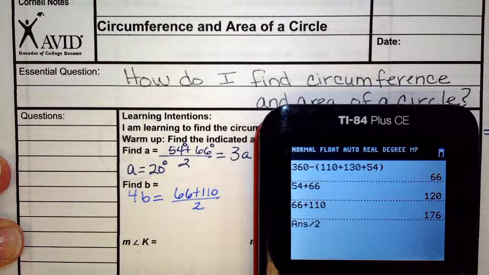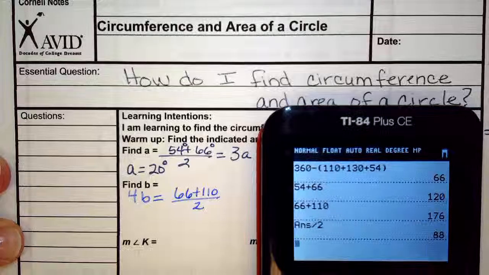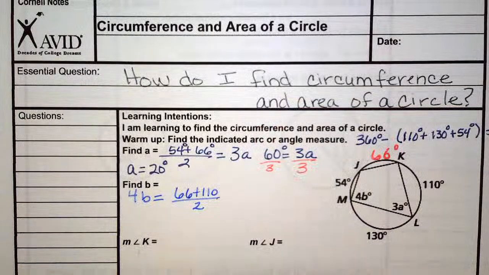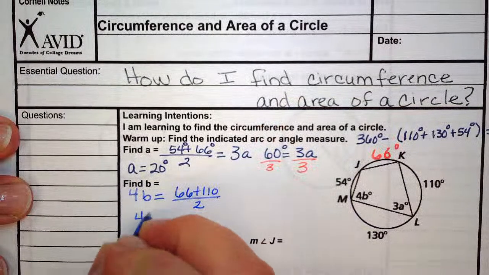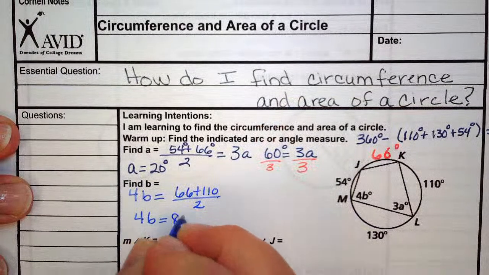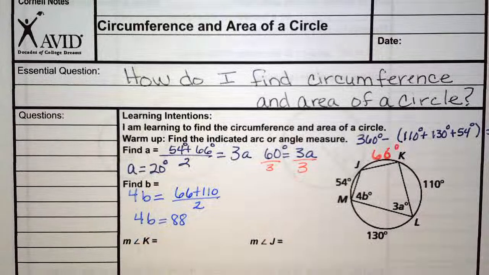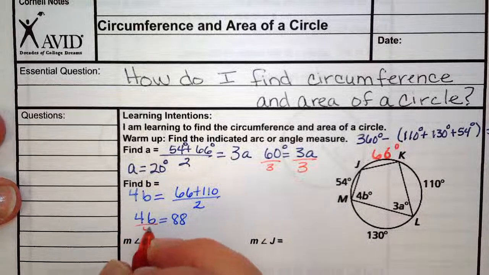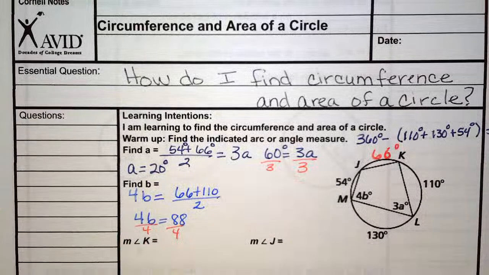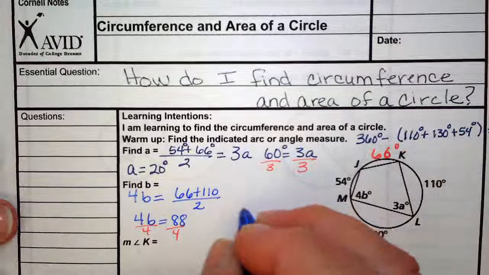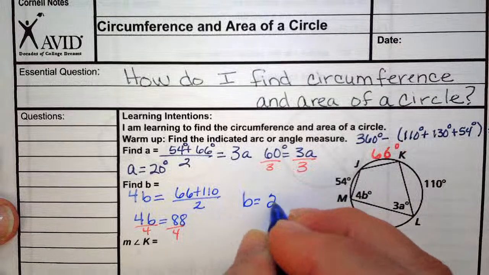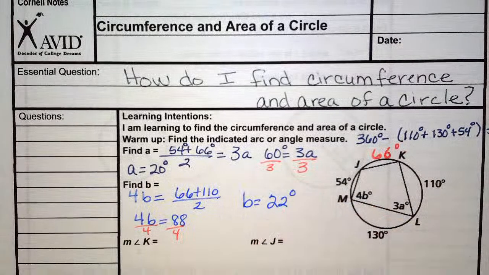When I divide it by 2, I get 88. So 4B is equal to 88. Divide by 4. This one I can do in my head. And B is equal to 22 degrees.